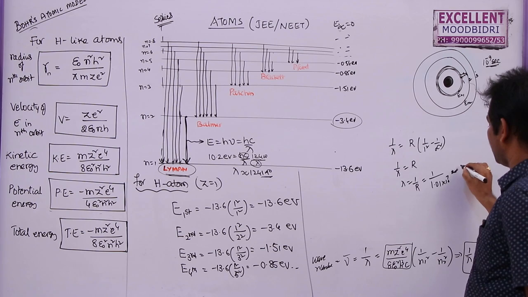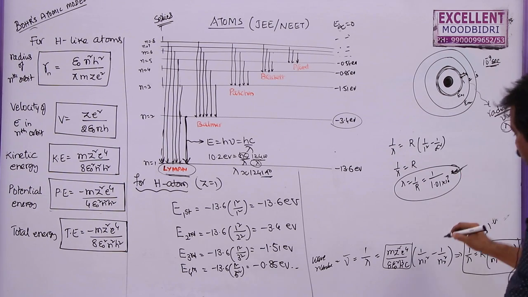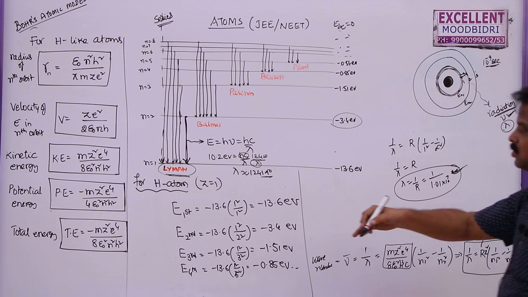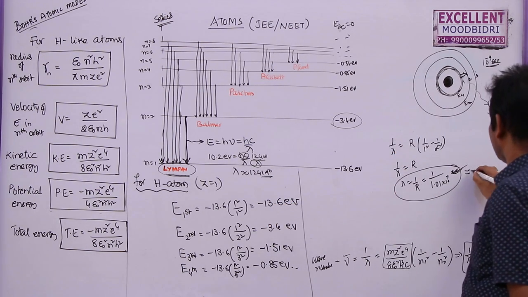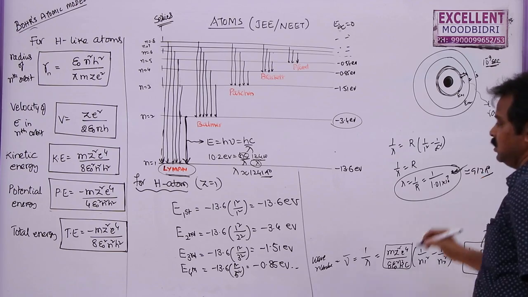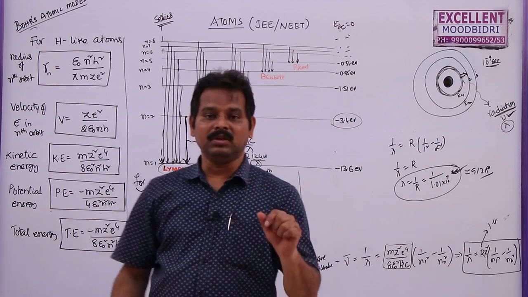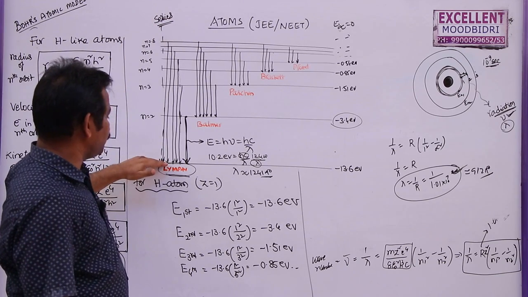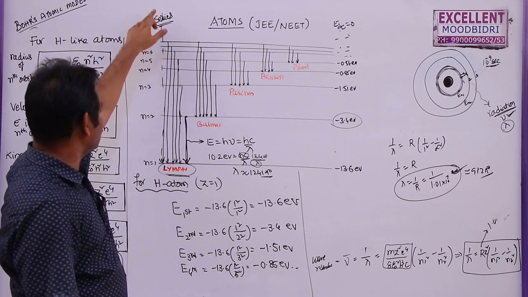So this is the wavelength of the electron that is transferring from infinity. This is also called series limit, which comes nearly 912 angstroms here. So what is series limit? If electron jumps from infinite orbit to the first orbit in Lyman series, this is called series limit.